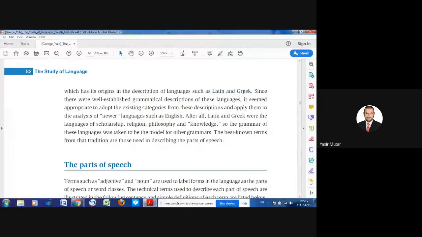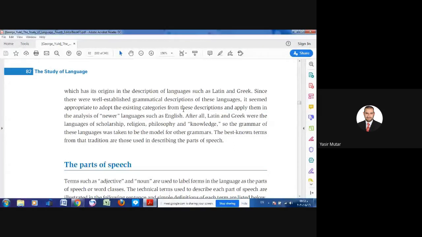Latin and Greek. Why? Most languages, including Arabic, are affected by other languages. So when they try to make advances in the language, they borrow such items or such descriptions from other languages.